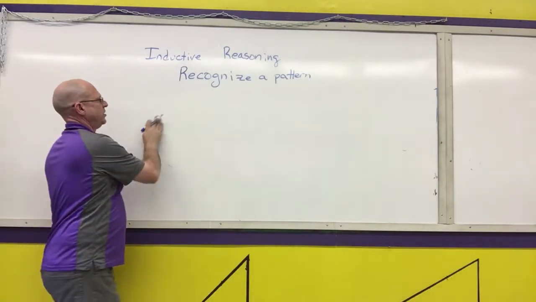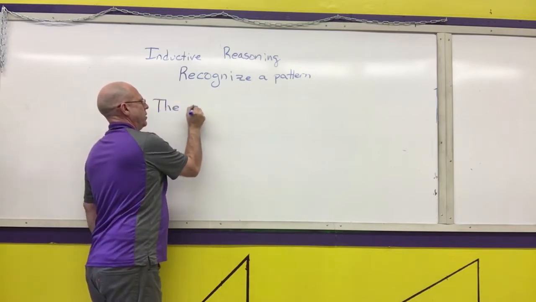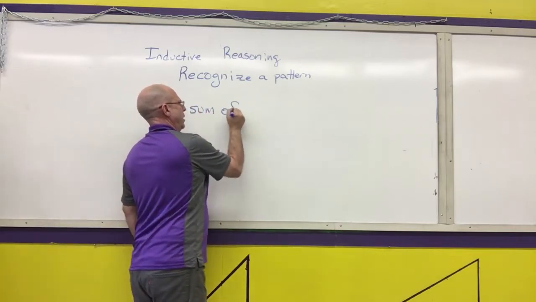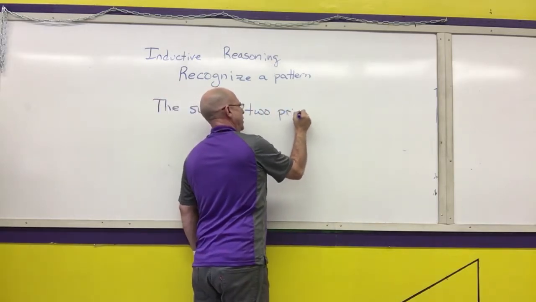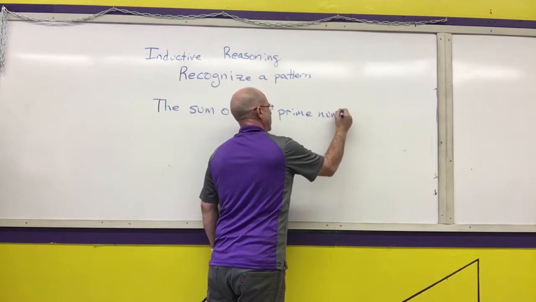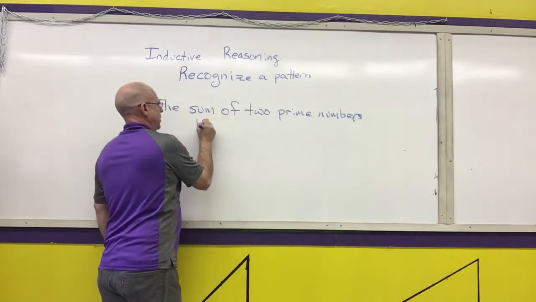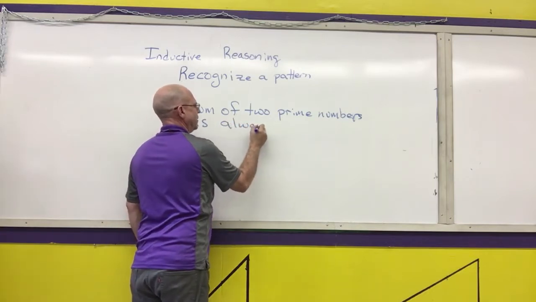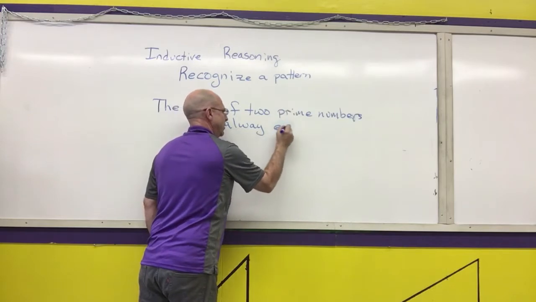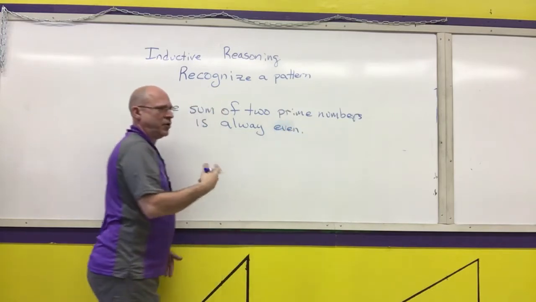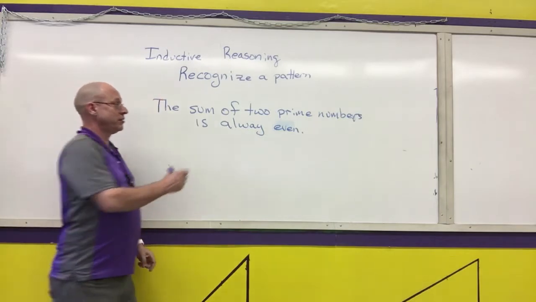So what I want to see is if we can find a counterexample of the following: the sum of 2 prime numbers is always even. For example, 3 plus 5, they're both prime, and the sum is even. Always.